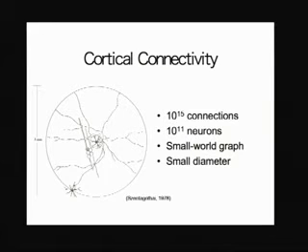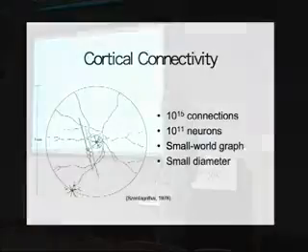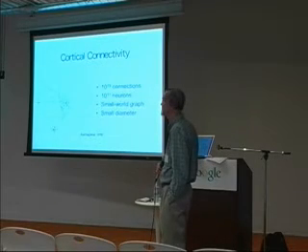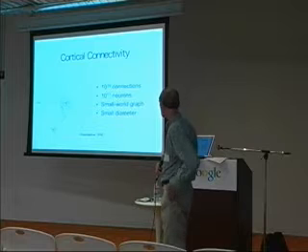Essentially, the distance between any 2 nodes, any 2 neurons in the graph, is relatively short because there's a blend of short-range connections and long-range connections. This kind of connectivity is rapidly becoming possible to model on cluster computers, and that's one of the things that we're going to be talking about in the remainder of the talk.